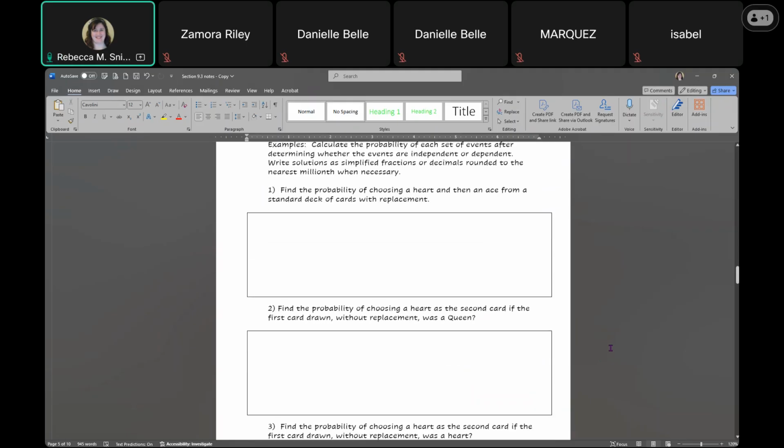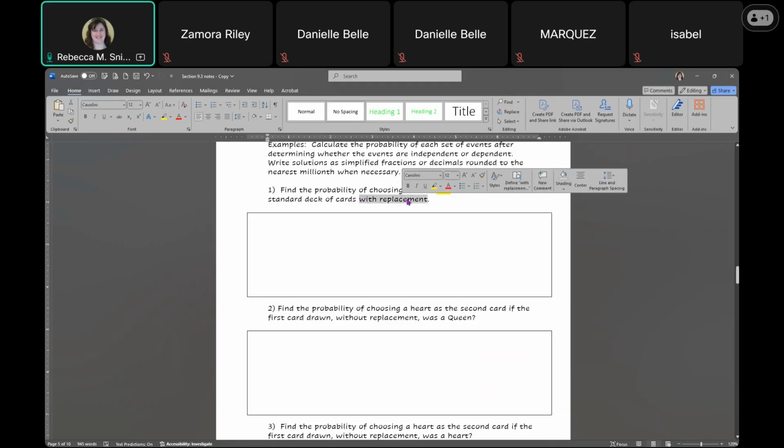So if we look at this first one here, we want the probability of choosing a heart and then an ace from a standard deck of cards with replacement. So there are two things here to pay attention to. The first is the word and. That told me that this was the multiplication principle.